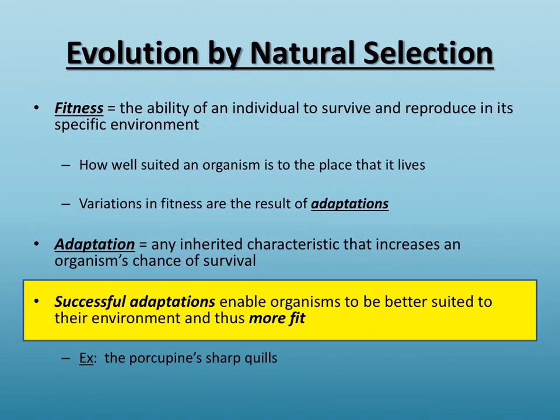Now we got some terms and some big yellow boxes, which are really important statements over the next couple of slides. So the first term is fitness. Fitness is the ability of an individual to survive and reproduce in its specific environment. Now, a lot of times we refer to this as relative fitness. In fact, in the AP class, we never just say fitness, we always say relative fitness.